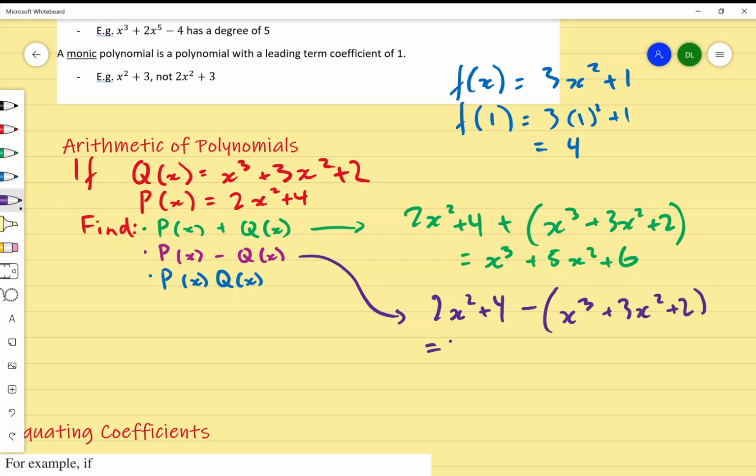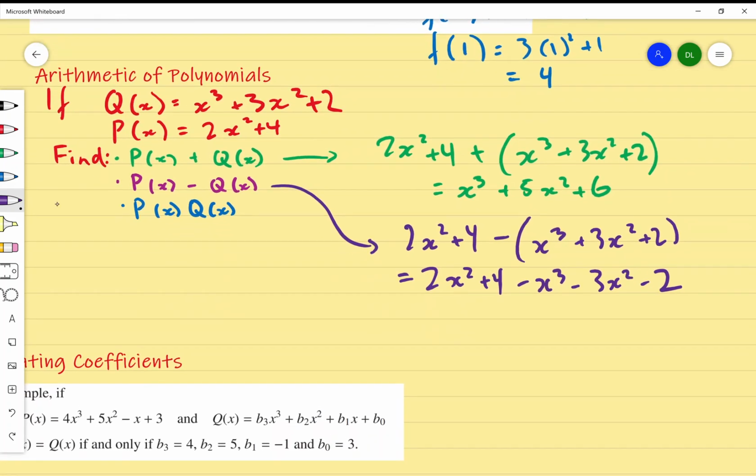If I expand that, negative x cubed minus 3x squared minus 2. Does that kind of make sense? Easy. And then over here, simplifying that, I get negative x cubed minus x squared plus 2. So it's pretty intuitive. It's just what you guys already know, but we're applying it in a polynomial situation.